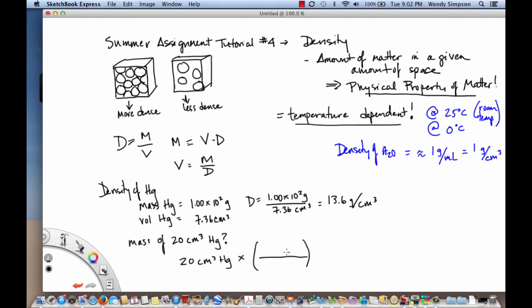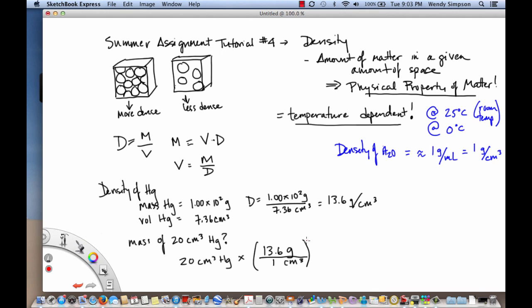I want to find the mass, so that would be grams, and I want to get rid of centimeters cubed, so that goes in the denominator. Well, guess what? This is my conversion factor. What values am I going to put here? I'm going to put the density of mercury, which is 13.6 grams per 1 centimeter cubed.